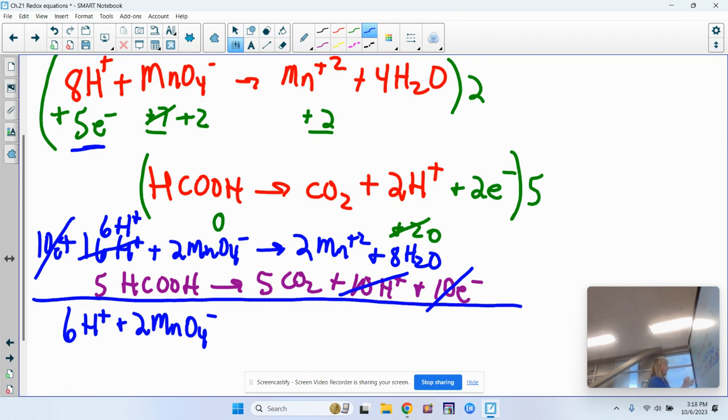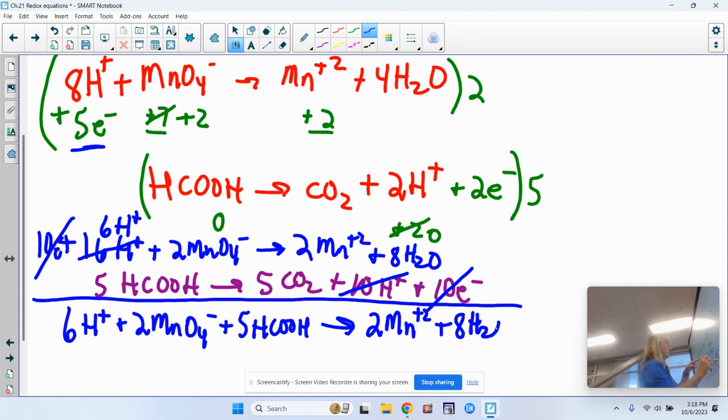And then there's 5 HCOOHs on that reactant. And then on the product side, I have 2 Mn2+ plus 8 waters plus 5 CO2s.